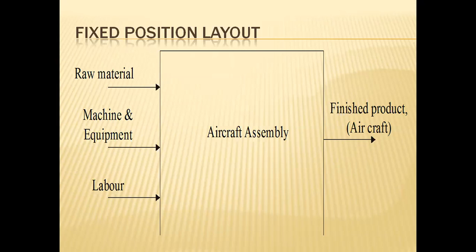Now, the advantages of fixed position layout can be: men and machines can be used for a wide variety of operations, producing different products. The second advantage is the investment on layout is very small.